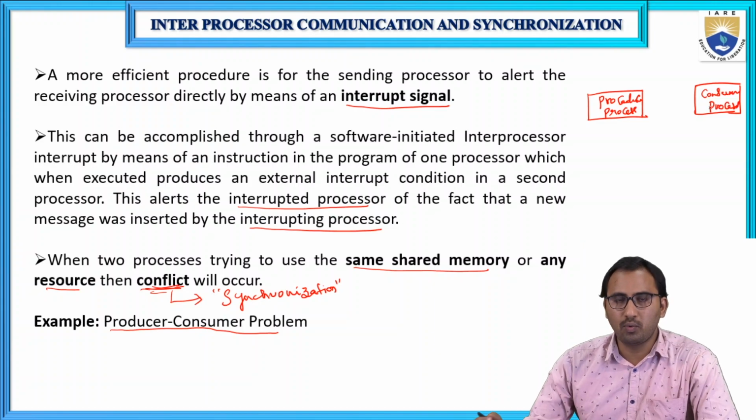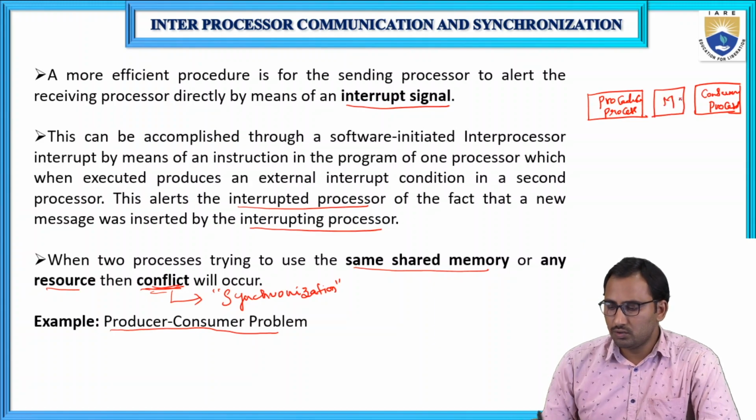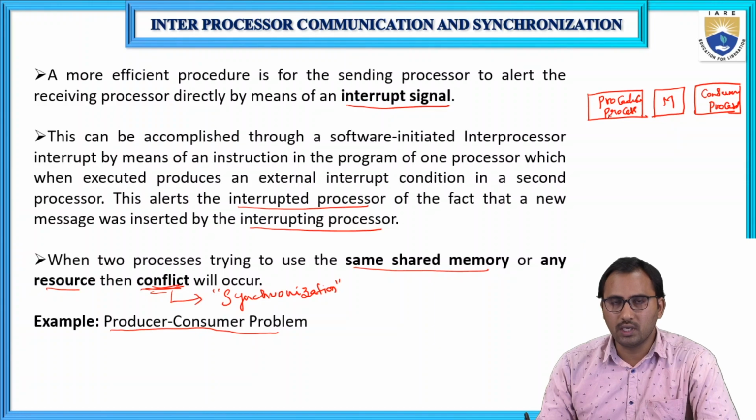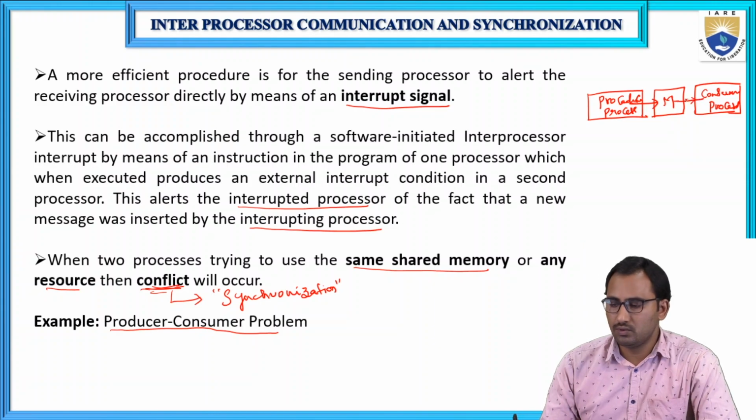These are the two processes, and we have some memory. The producer process produces the data into the memory. After that, the consumer process reads the data from the memory.